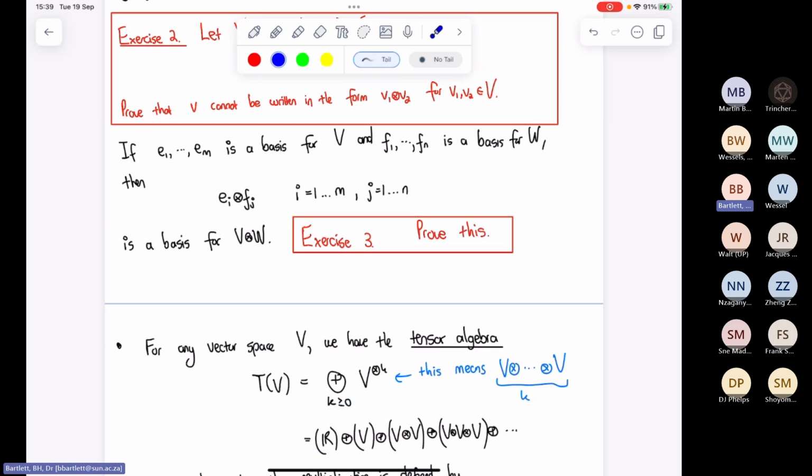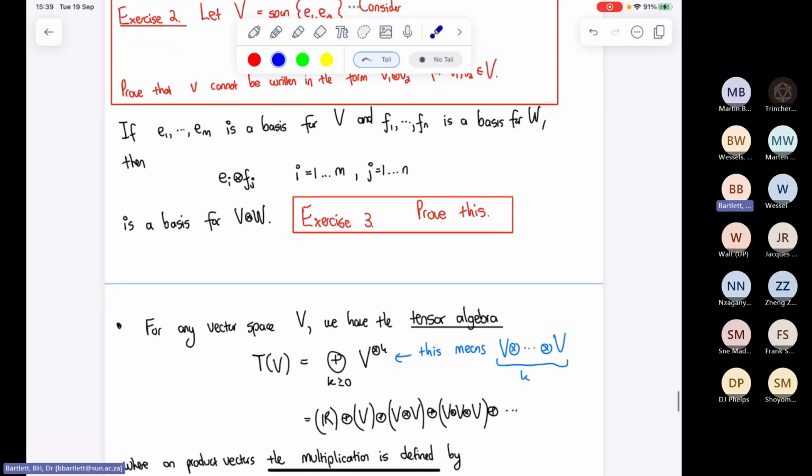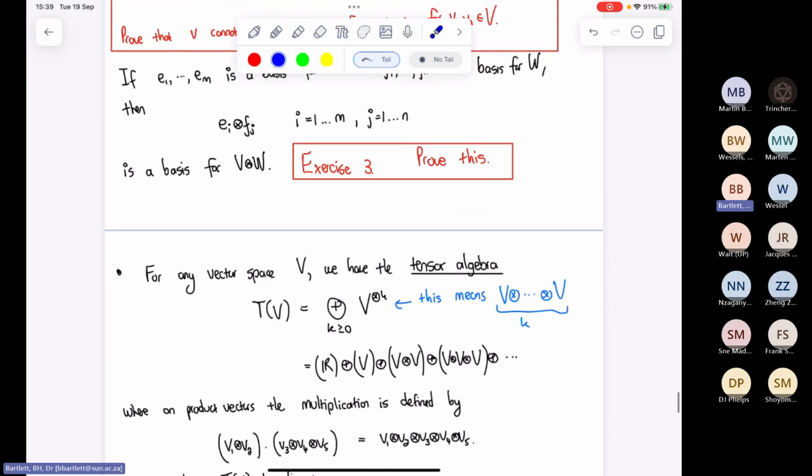Why am I doing that? Well, because this big vector space, which I'll call T of V, is actually an algebra. It's not just a vector space. I can define a multiplication operation on this vector space, and it's called the tensor algebra. I just need to define a multiplication operation: take two homogeneous elements.